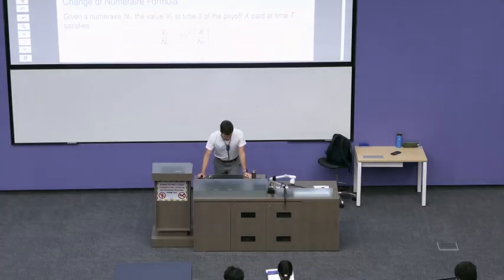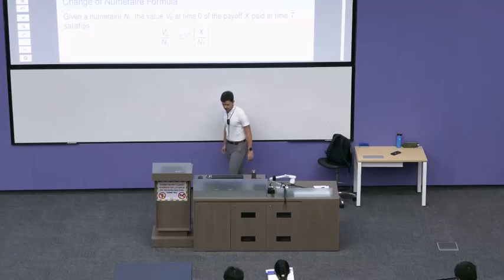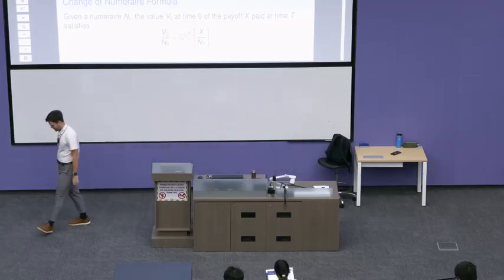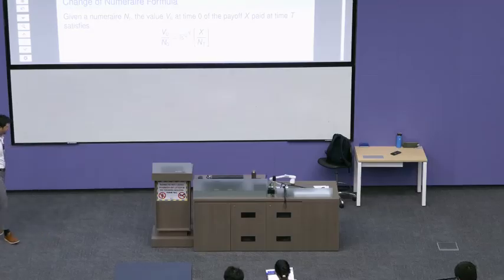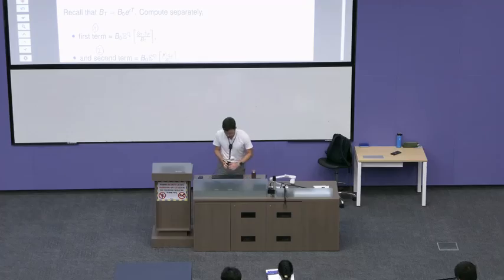Okay, and I've started using risk-neutral valuation. This is something that works for the second expression, but not very well for the first expression, as you will see. So this is my term 1, this is my term 2, this is the first term, and this is the second term I'm talking about.